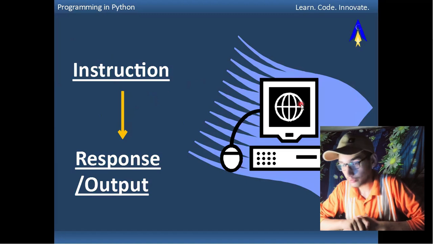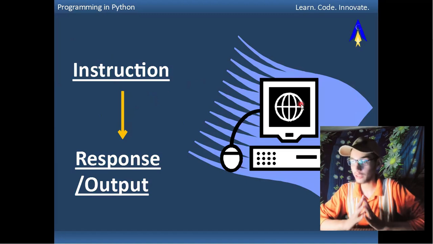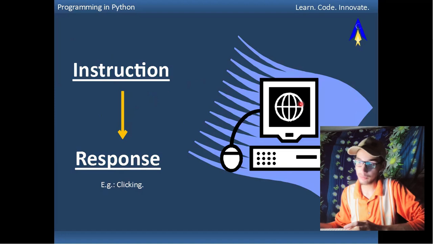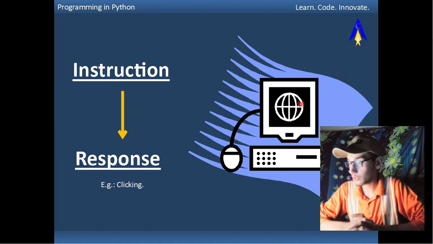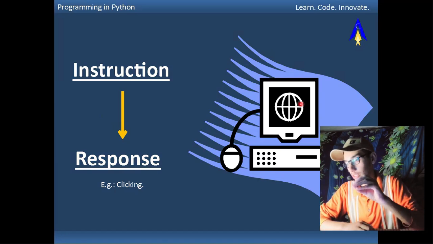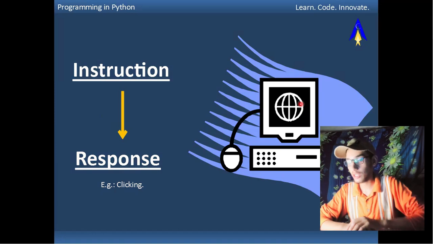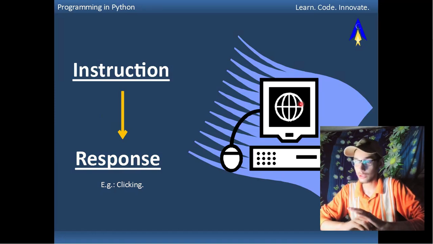We all know how computers work. We give some instructions to them and they generate a response or output. For example, take clicking. When you click on the screen, you are actually giving a real instruction to the computer that you have clicked at this pixel, and the computer makes a response to that instruction.